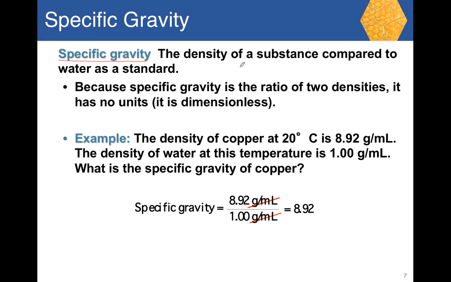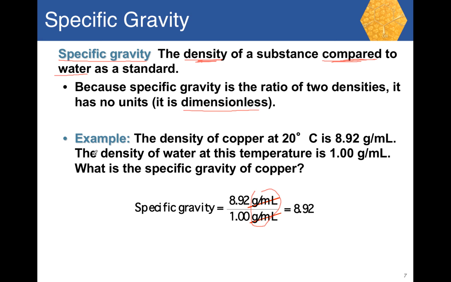The definition is the density of a substance compared, notice the keyword here is compared, to water. So it's a ratio, it's a comparison. You notice here that it's dimensionless, or unitless. Why? Because it's a comparison and the units are the same, because they are comparing densities.